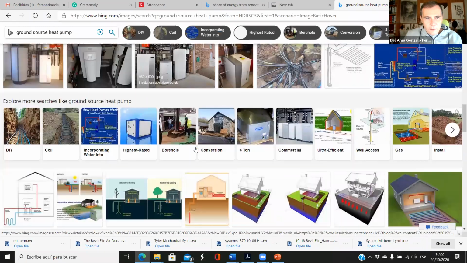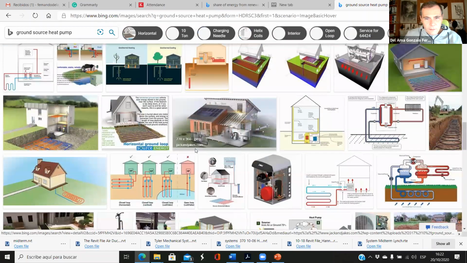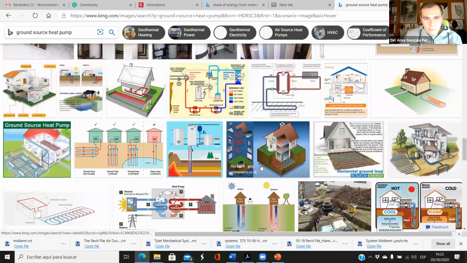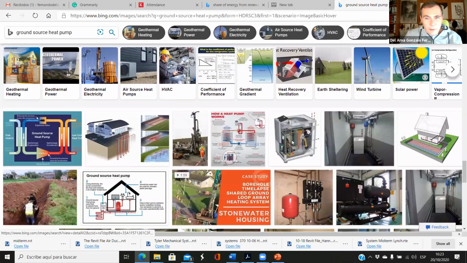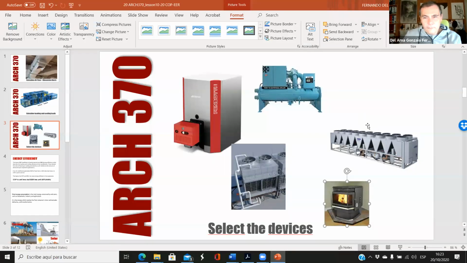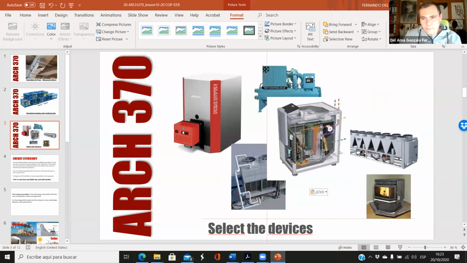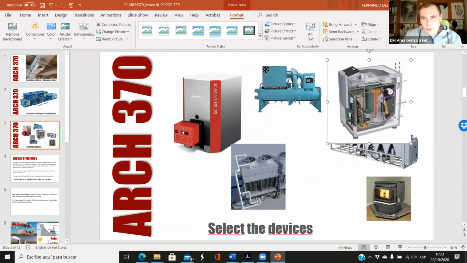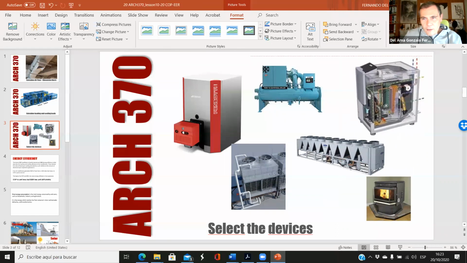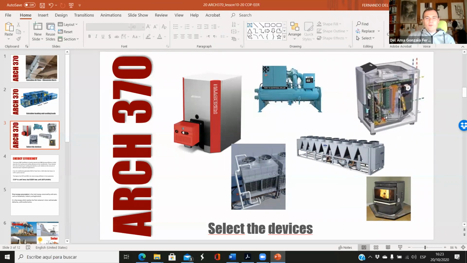It's difficult finding a ground source heat pump icon, something like that. Okay, so this is the catalog of the devices that we have used here.